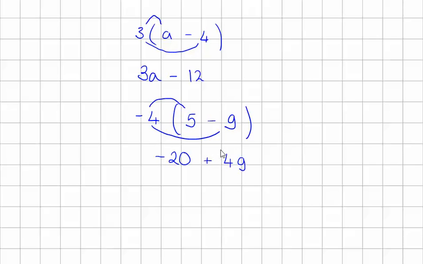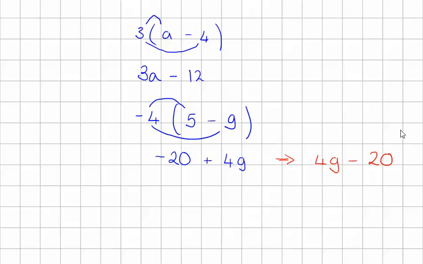Right, just to say, because you will see this happen and I don't want it to confuse you, when you've got negative 20 plus 4g, that can be written in a different way. Anyone know how? George? 4g minus 20. Now that's just a less messy way of writing it.